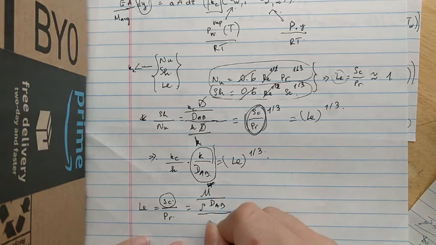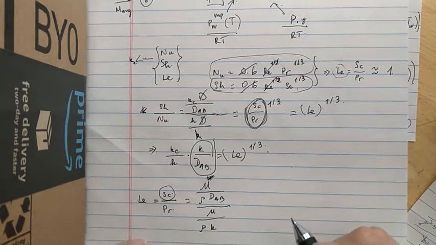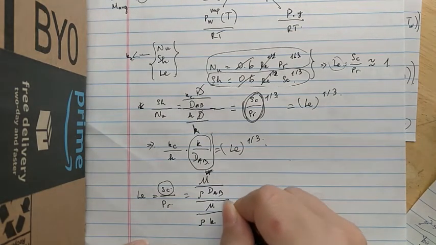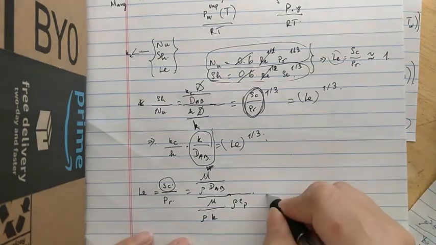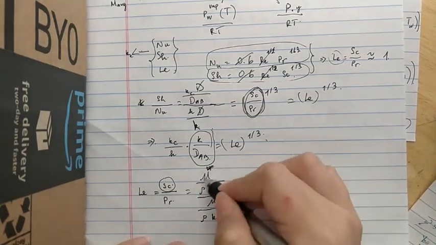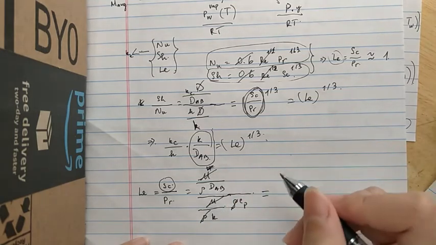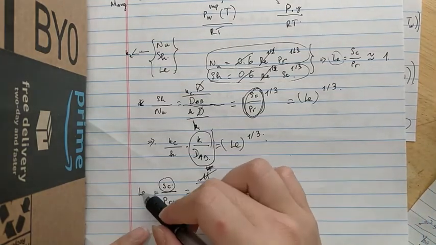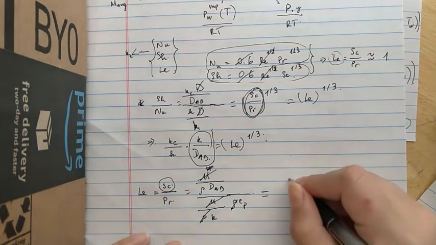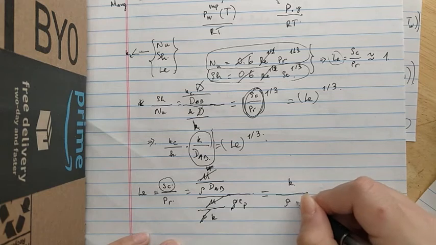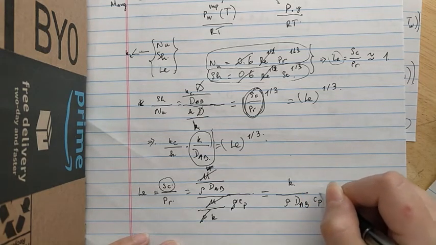Prandtl number equals mu over rho K, the thermal conductivity, times rho CP. Cross these out, and the Lewis number equals K over rho DAB times CP.